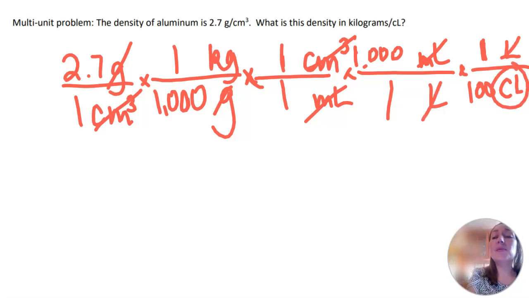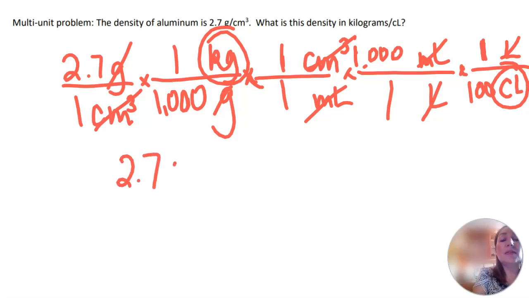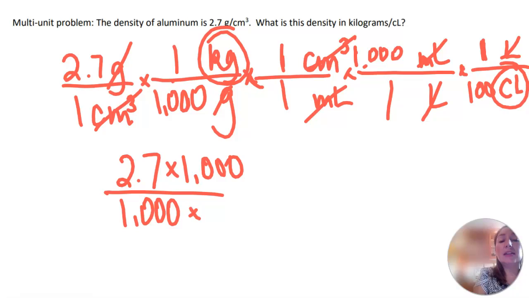Okay, and that will get me to kilograms and centiliters. So this way would be 2.7 times 1,000 divided by 1,000 times 100.